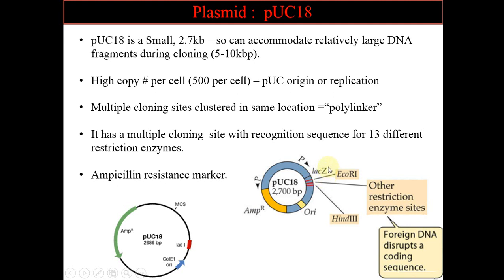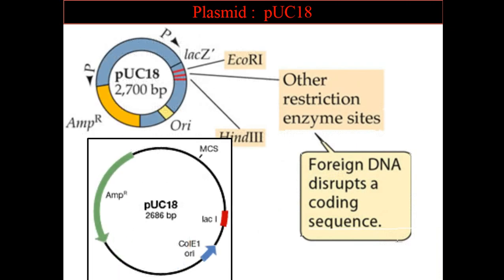This is the complement sign, lacZ complement. This is the map of pUC18. It has the origin of replication, the lacI gene which is the inducer, lacZ alpha, then multiple cloning sites and the ampicillin resistance gene.